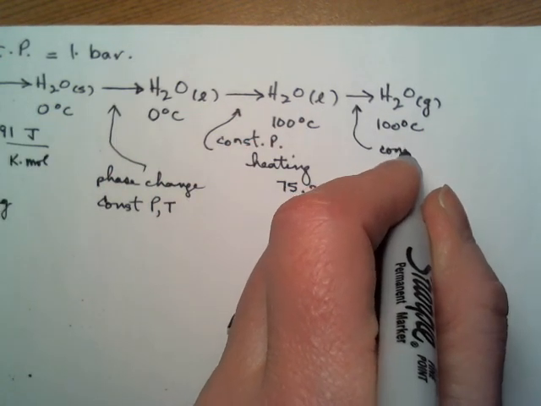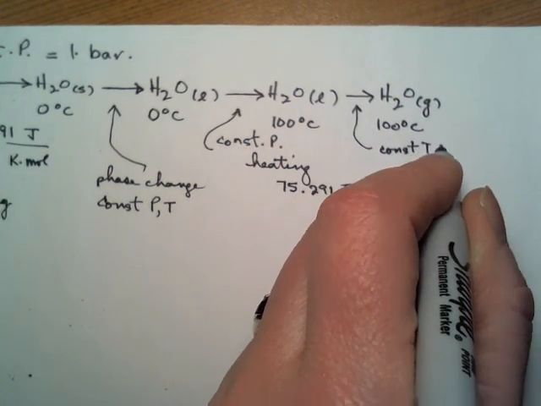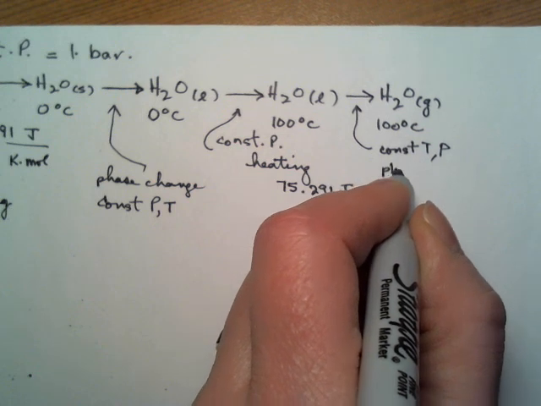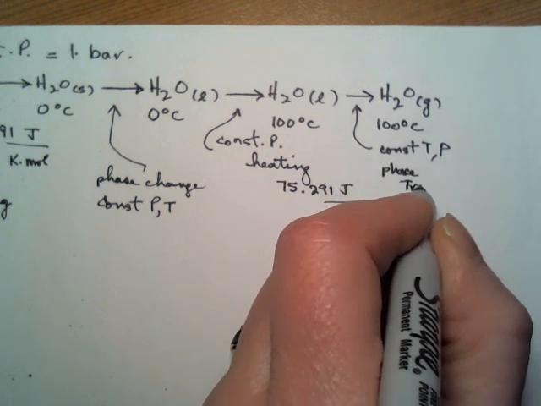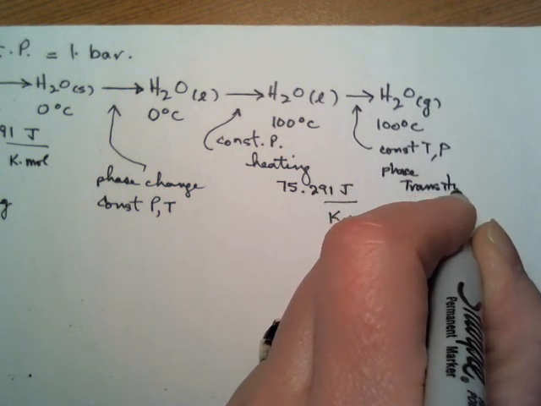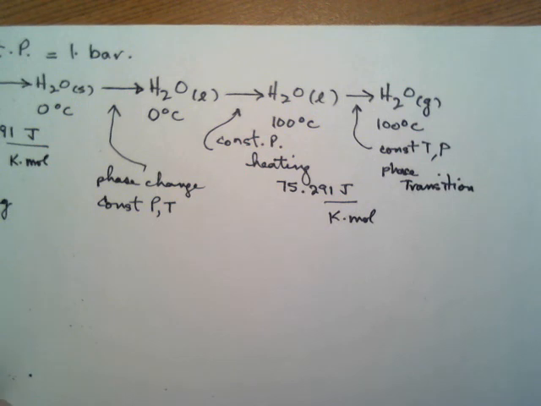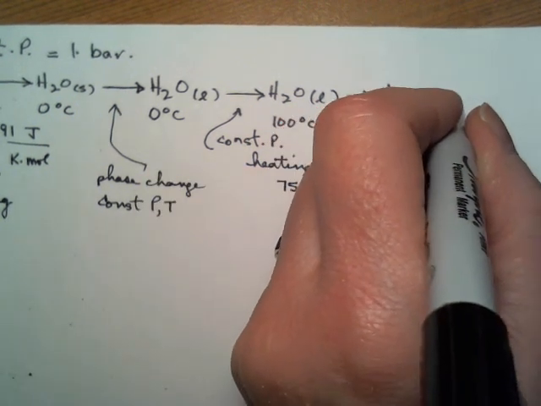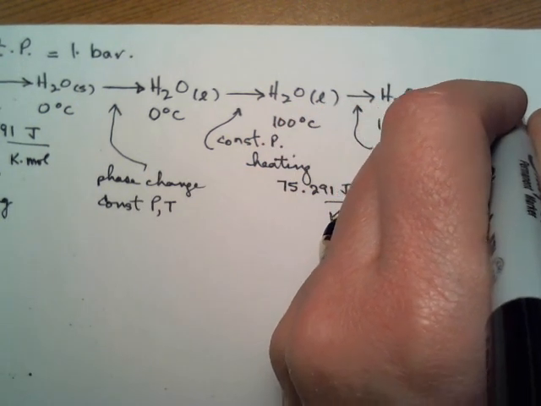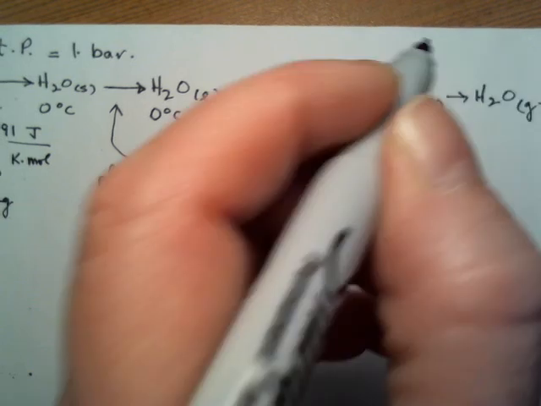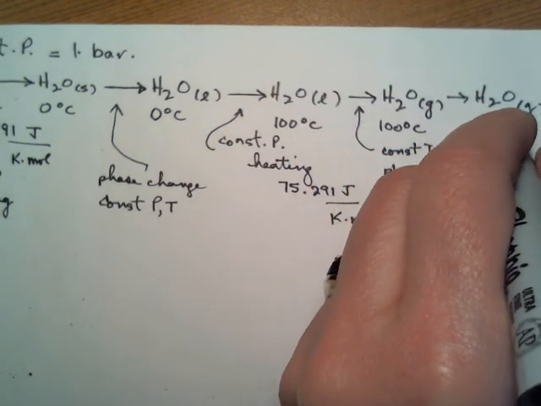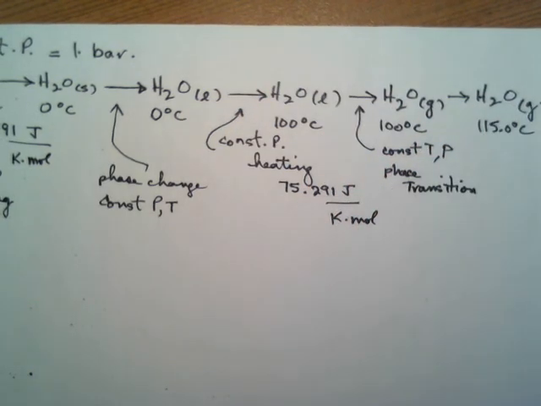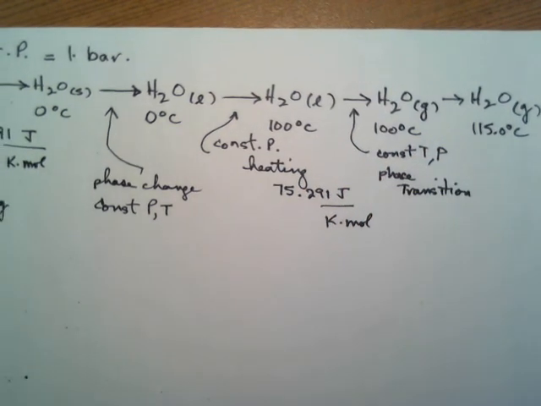So here I have a constant temperature and pressure boiling or phase transition more generally. And finally, I'm going to superheat this vapor to a temperature of 115. Constant pressure heating again.